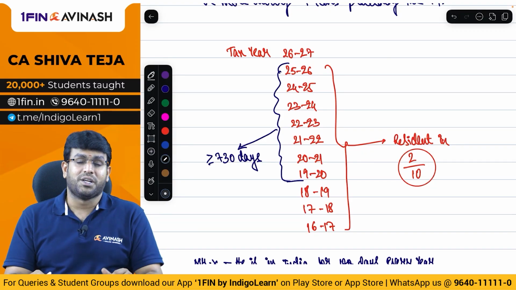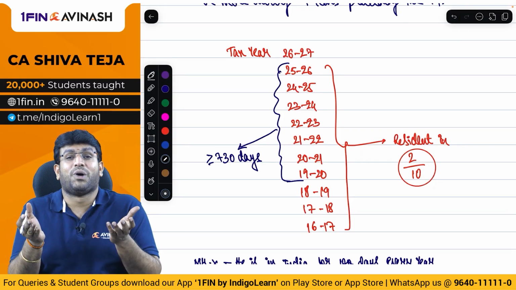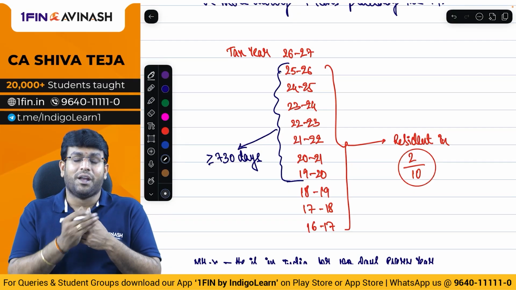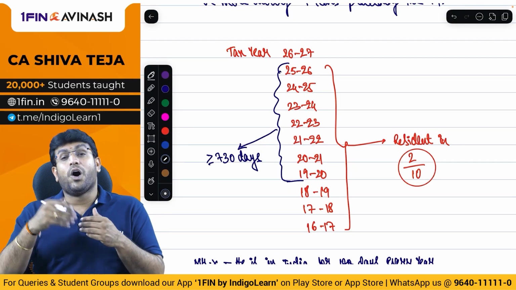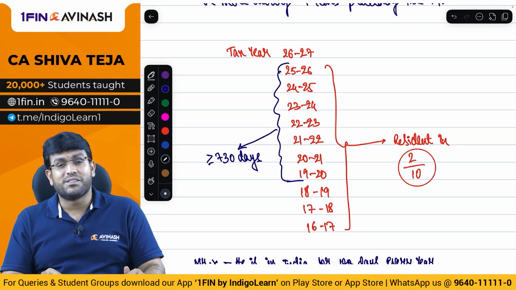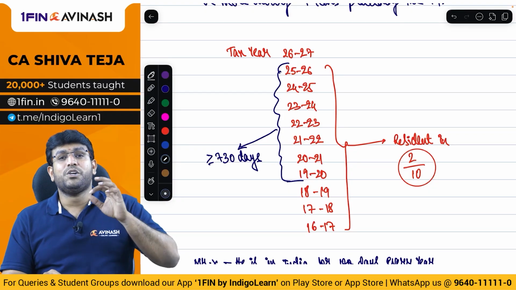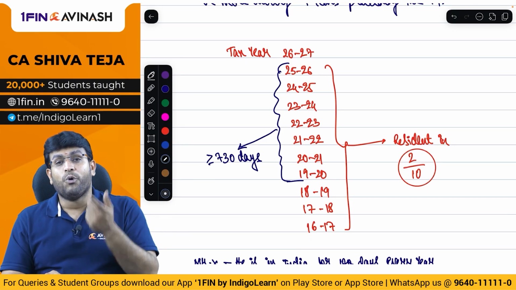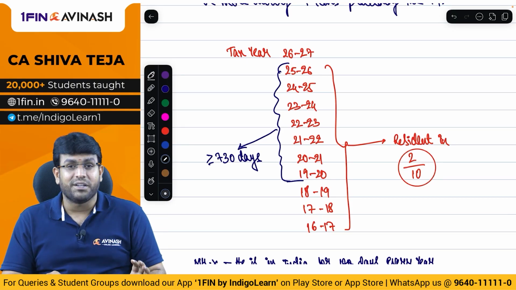at the first additional condition. The logic behind that is very clear: once the second additional condition is gone, whether you satisfy the first one or you don't satisfy, it doesn't make a difference. Because an individual will become resident and ordinarily resident only when both additional conditions are satisfied.